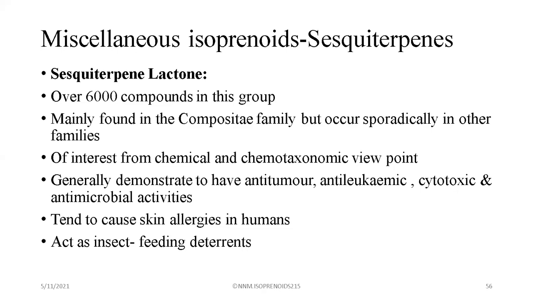And then the lactone can cause skin allergies. Since they have a very bad taste, they act as a feeding deterrent for insects. So they also act as anti-feedants to protect the plants.